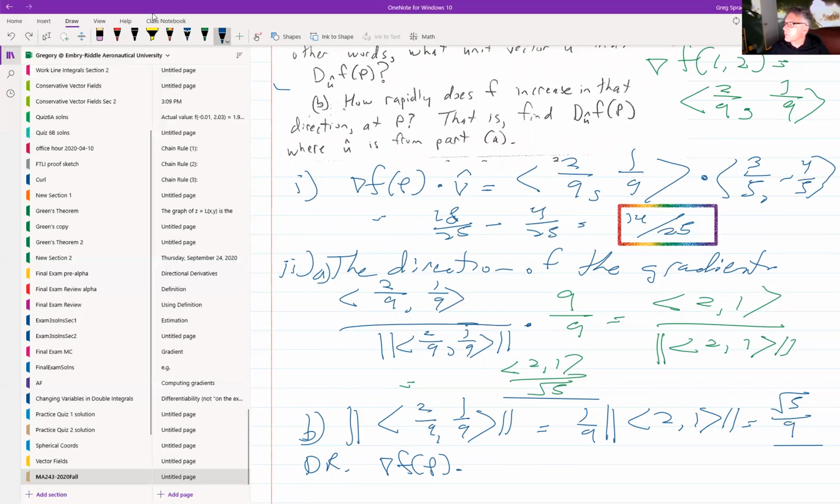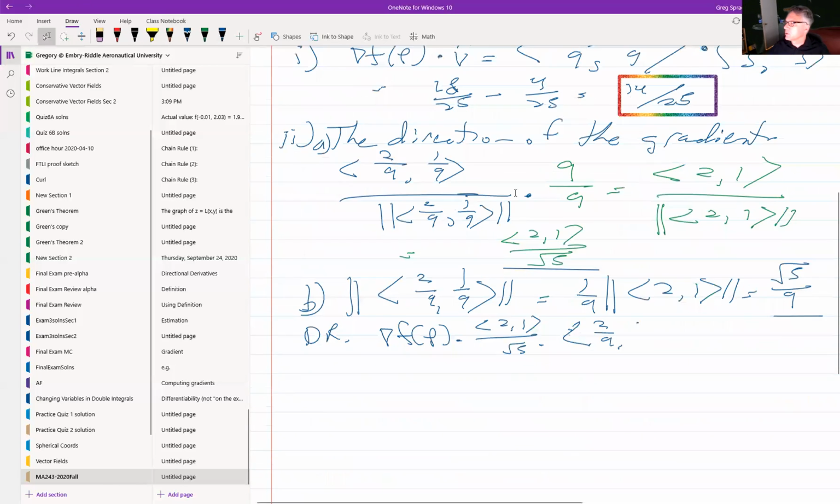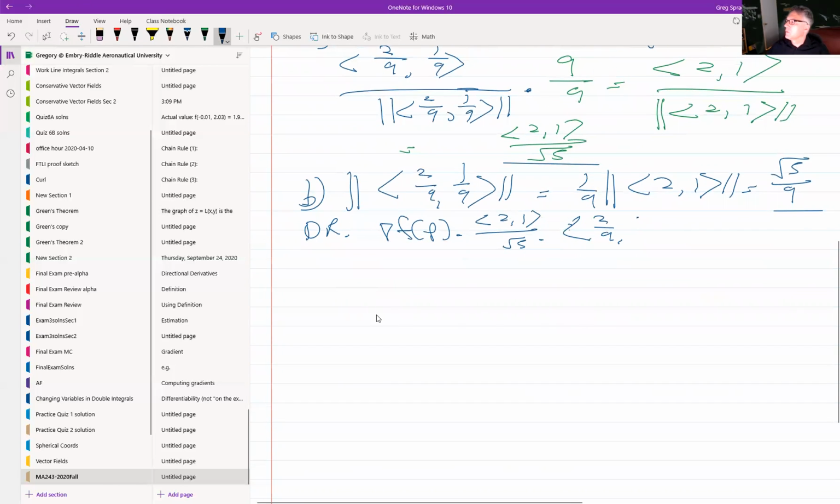So the gradient of f at p, that's 2/9, 1/9, dotted with 2, 1 over radical 5.